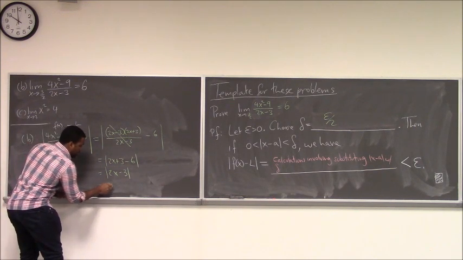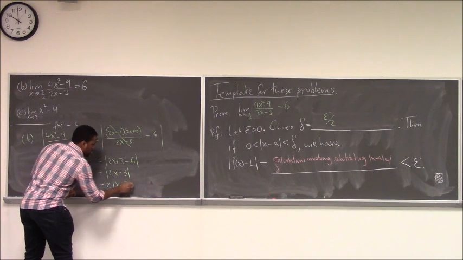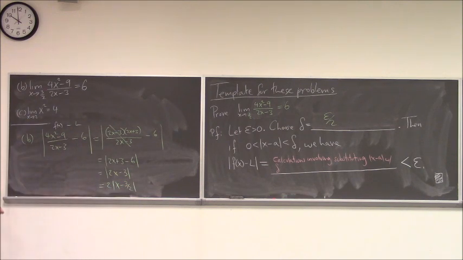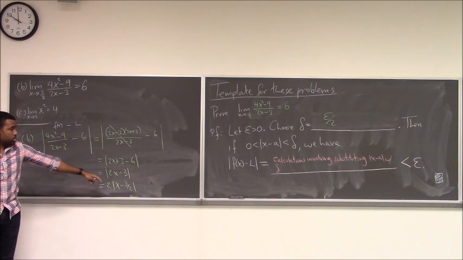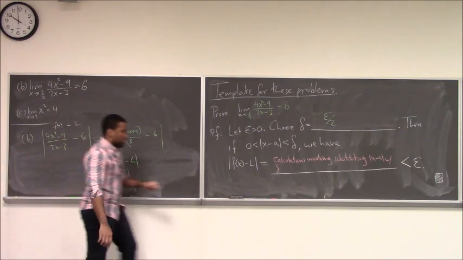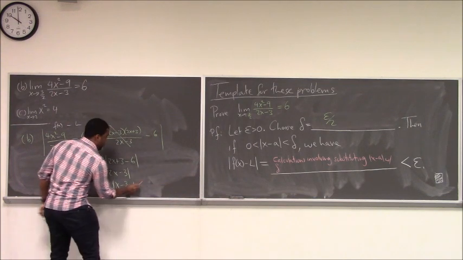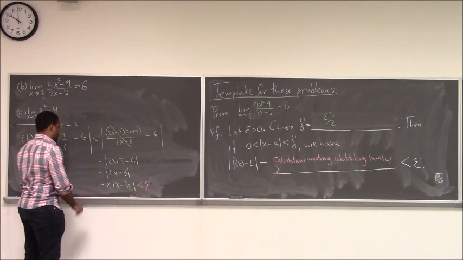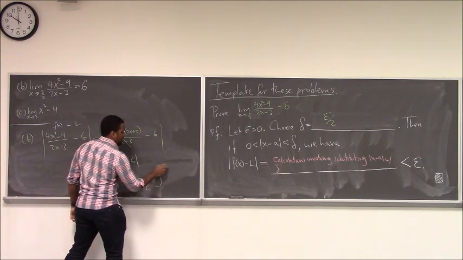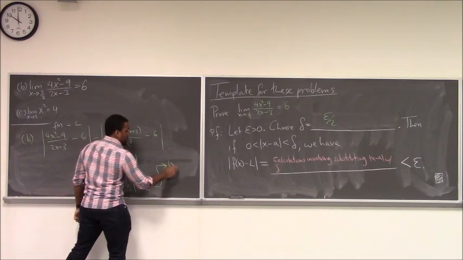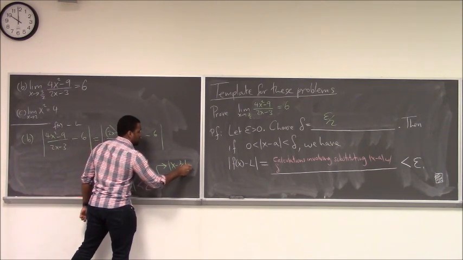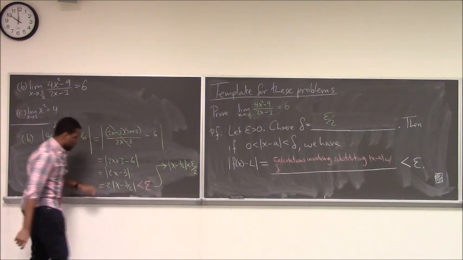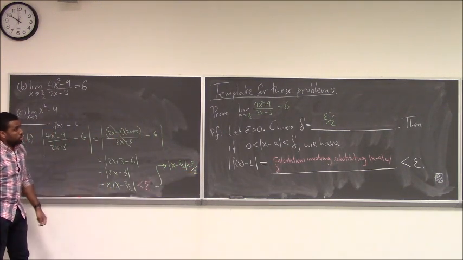You could factor out a 2. And there you have your x minus 3 over 2, and 3 over 2 is your a, so now you have x minus a in absolute values, so hey, that's what we want. So at this point you force that to be less than epsilon, and that results in you wanting x minus 3 over 2 to be less than epsilon over 2 by just dividing both sides by 2.